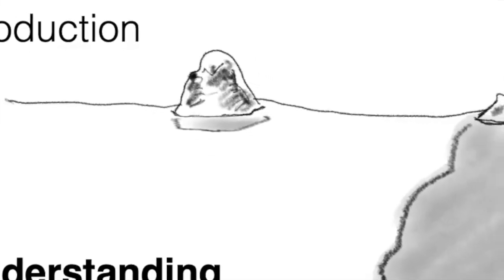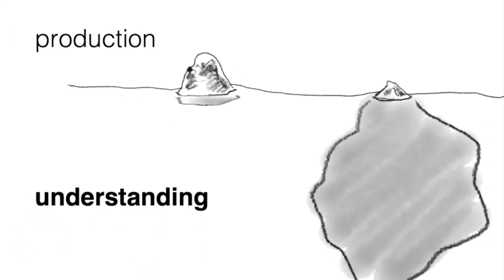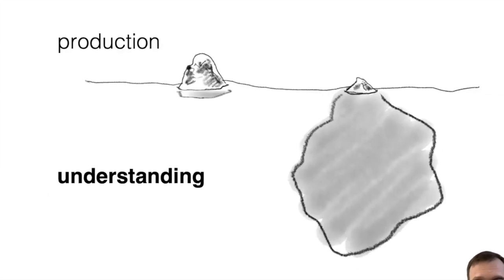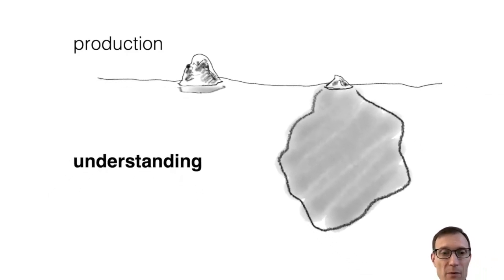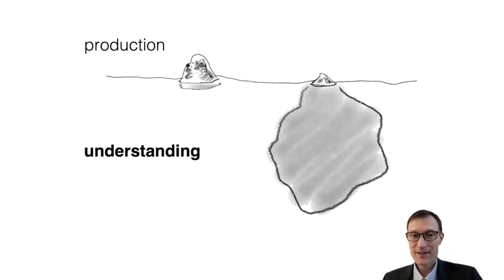Like we learn a lot of phrases and a lot of things we practice so that we can produce the language, so that we can say some things. But we don't really understand the language, right? We don't really have a base of understanding.